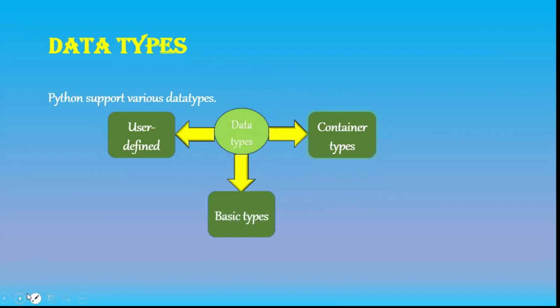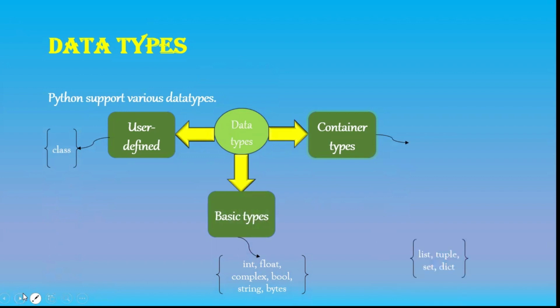First, we will understand examples of different basic types. In the basic types, there is int, float, complex, bool, string, and bytes. In the user-defined type, it is a class. And in the container types, it will be list, tuple, set, and dictionary, in which we can store multiple values.